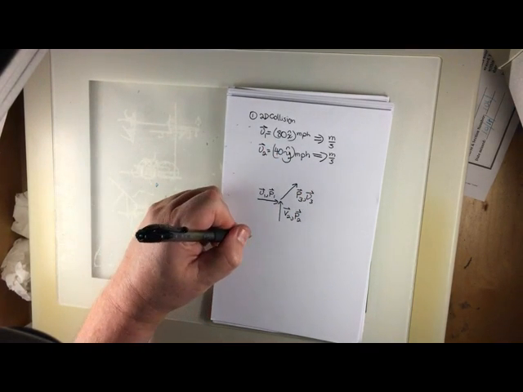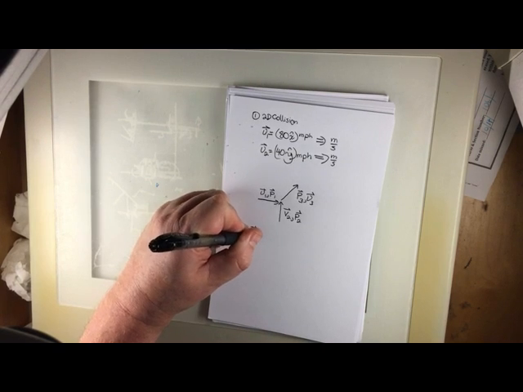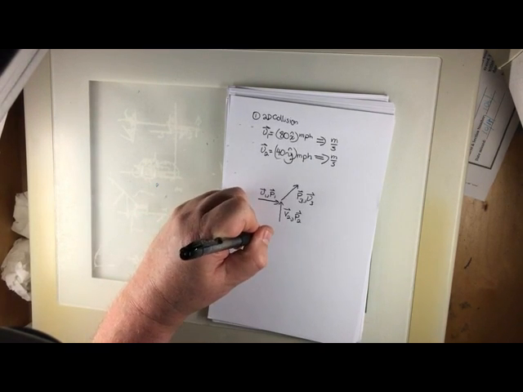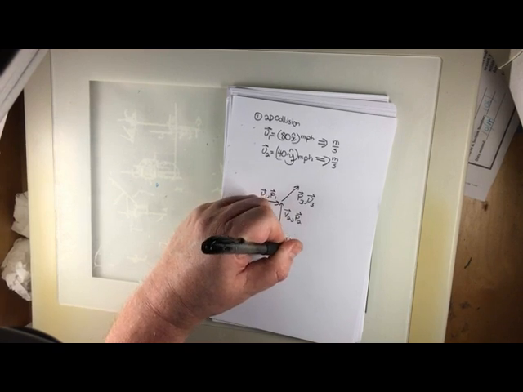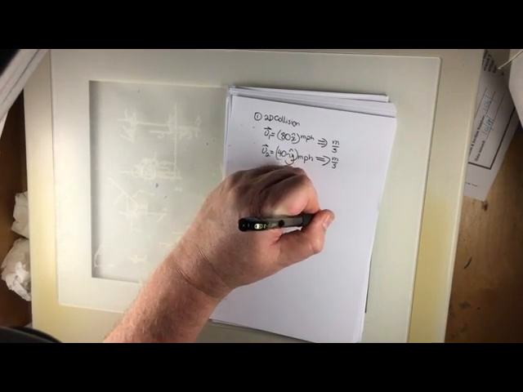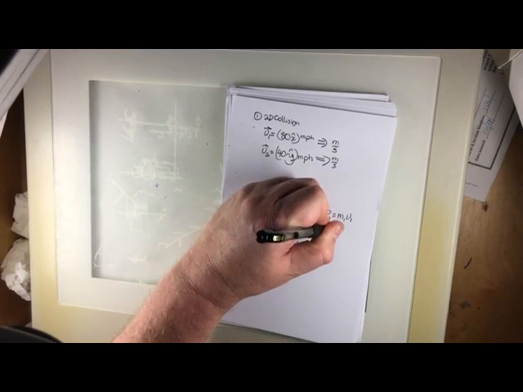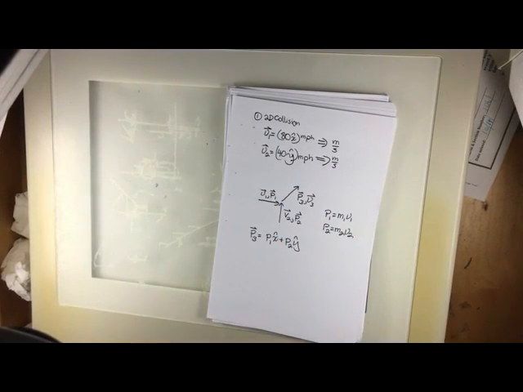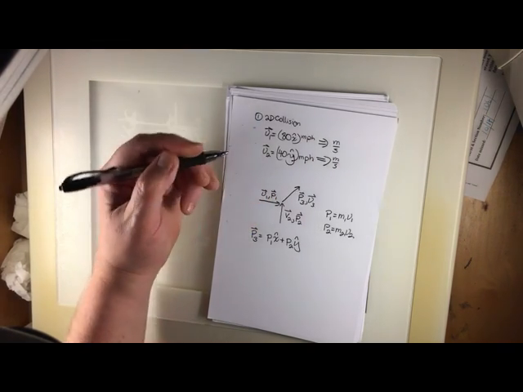The thing that you have to do is this third vector is in reality P1 x hat plus P2 y hat, where P1 is M1 V1 and P2 is M2 V2. So it's a very simple vector addition problem. Now you know one of the objects is heading to the right, the other object is heading up, so it's going to have a total momentum that is up and to the right.